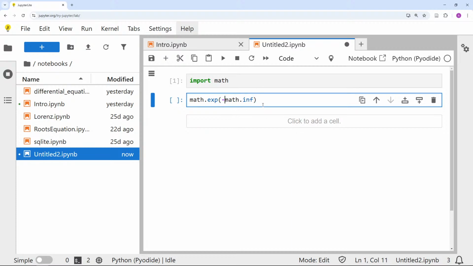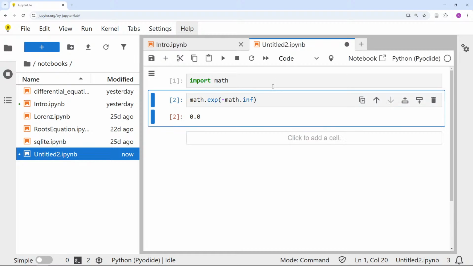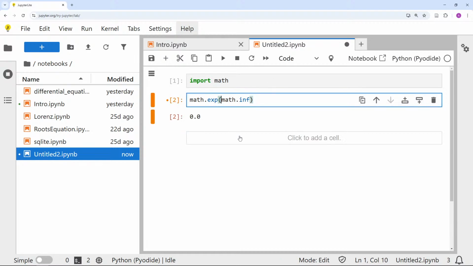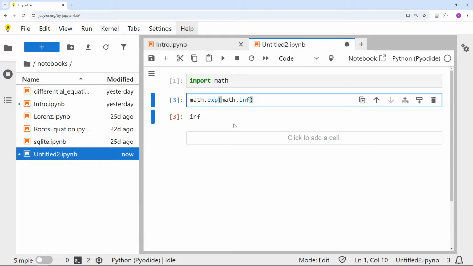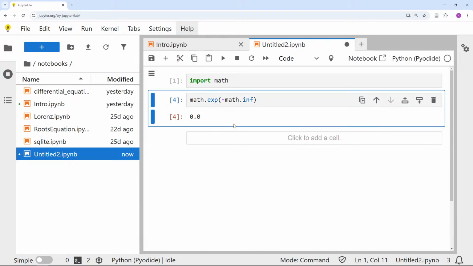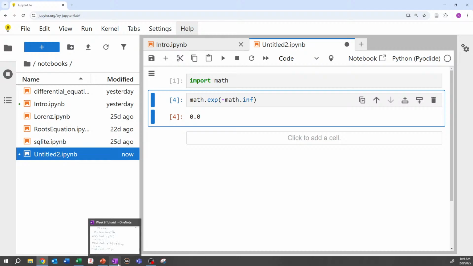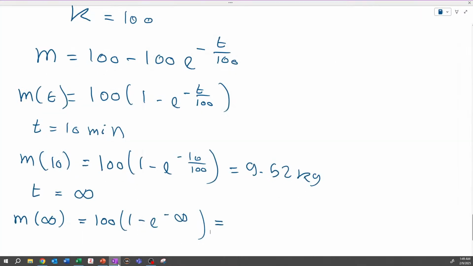So exponent of negative infinity. If I did this, see, I got 0. Exponent of infinity will be infinity, but exponent of negative infinity would be 0.